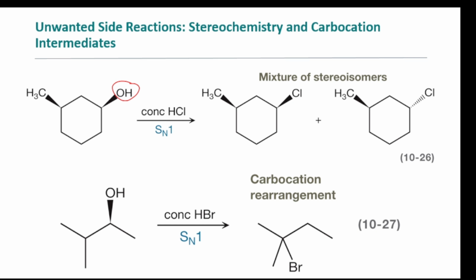The other problem here is that when we generate carbocations, if there's a hydride shift or a methyl shift, what's going to be the more likely outcome? Hydride and methyl shifts, right? So we can't always target the carbon we want to target if we have the possibility of generating carbocations. Okay?